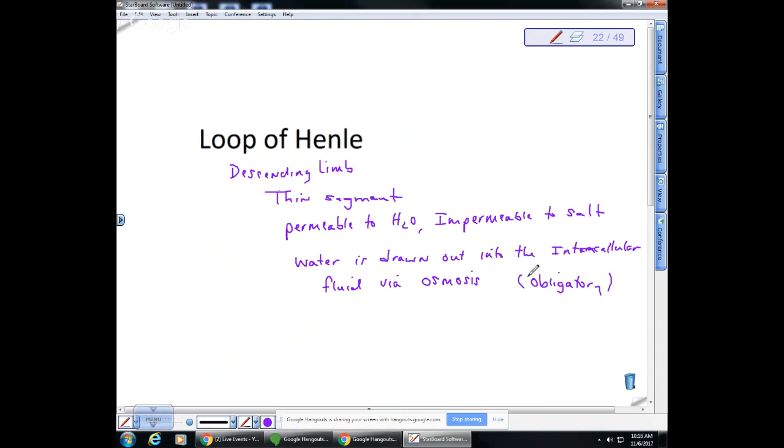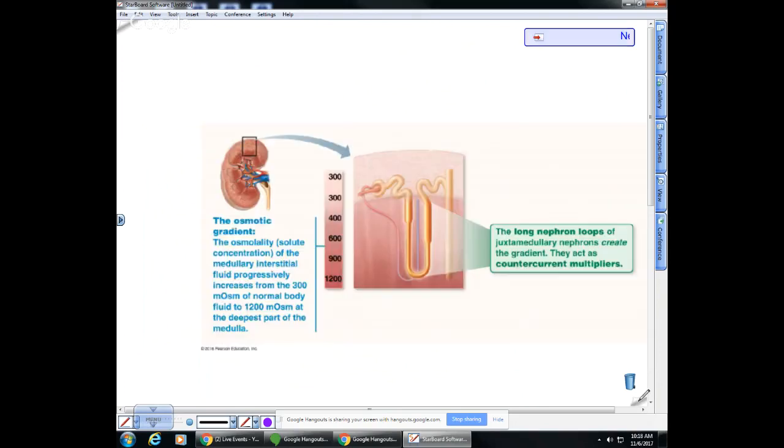If we look at a diagram of this, this is my loop of Henle. This is my thin segment right here. Outside is the fluid that surrounds the loop of Henle, and you'll notice that as it goes down, it becomes more concentrated.